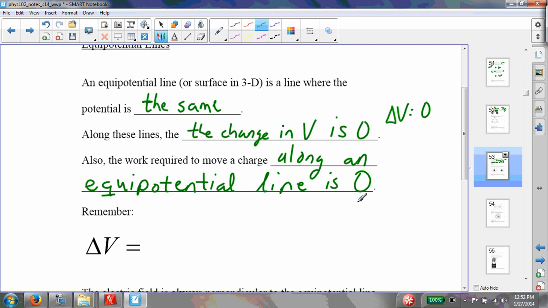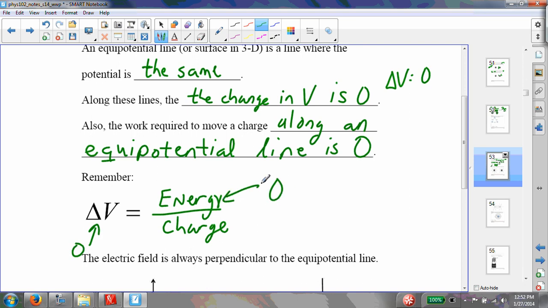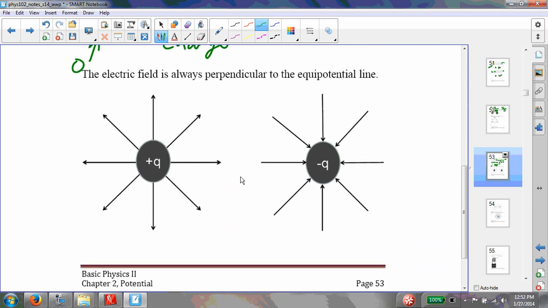Because if you remember, our change in potential is energy per charge. So if this is unchanging, if that's 0, then that means that the change in energy, the energy required, is also 0.